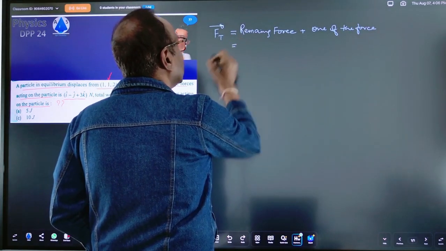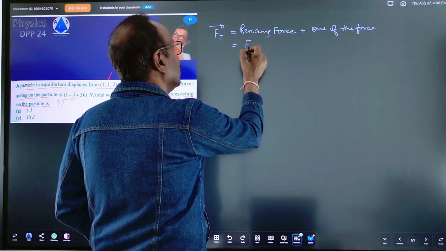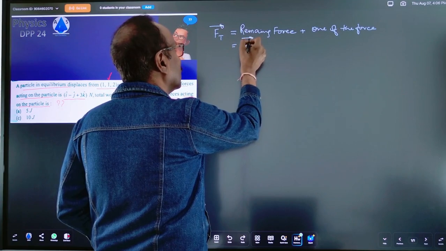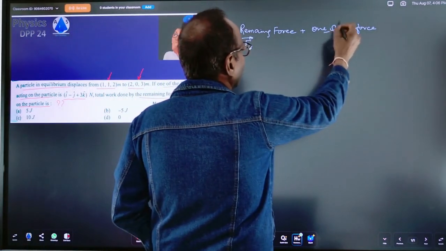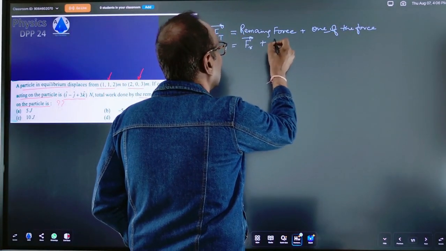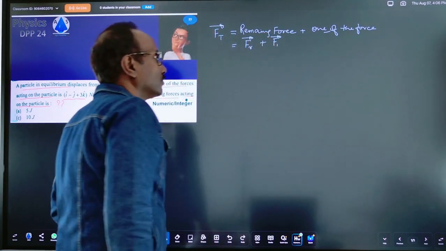Let us notate the remaining force like this: F subscript R. R stands for remaining. And one of the force as F1.